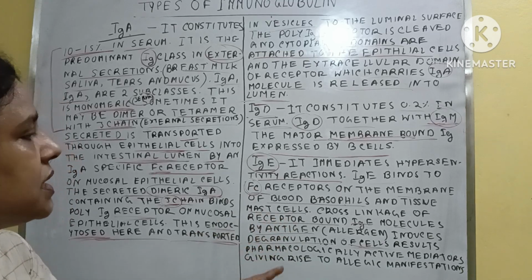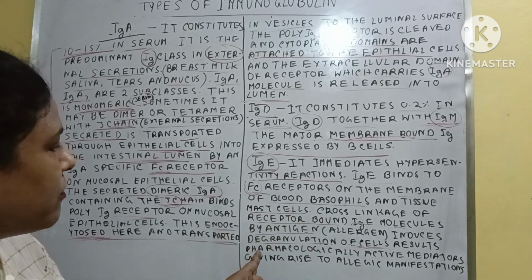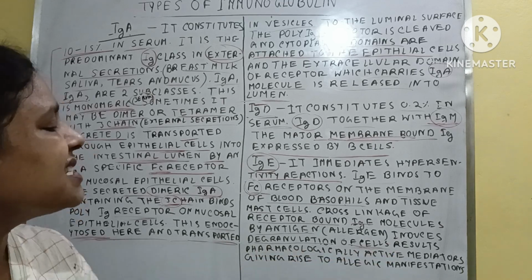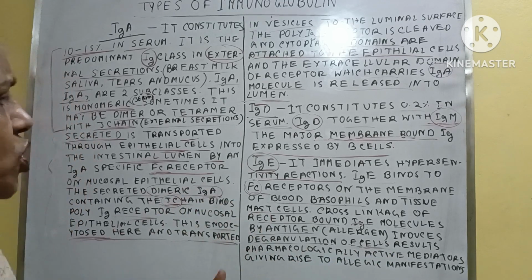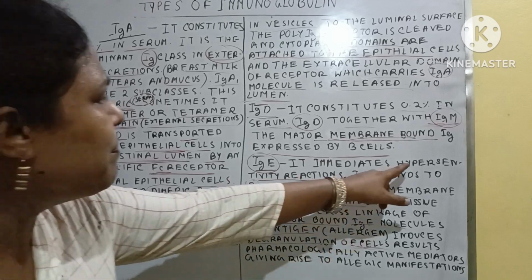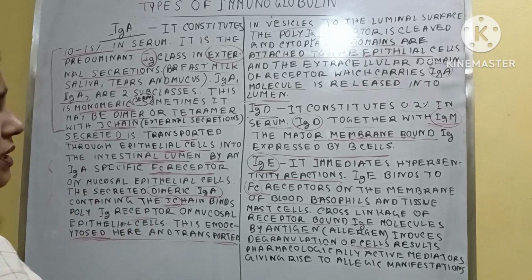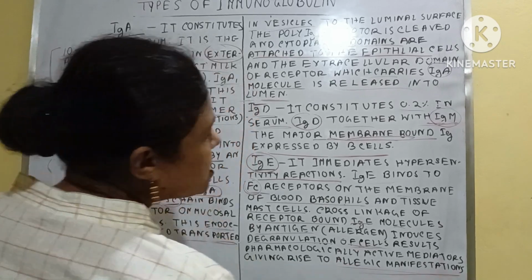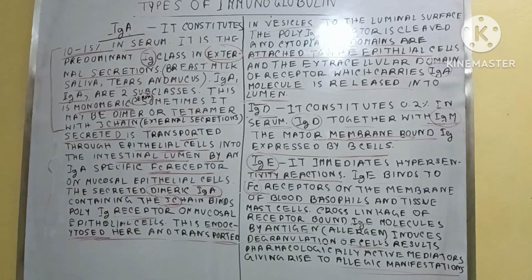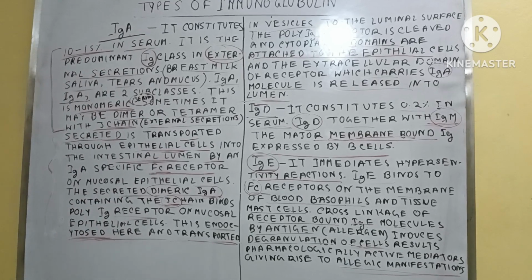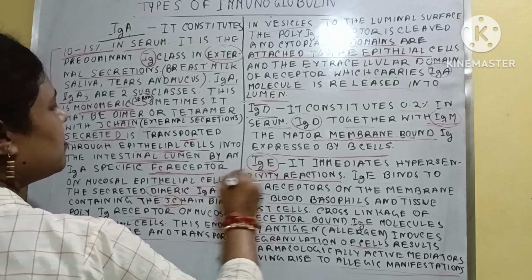As a result, the pharmacologically active mediators are released, and the symptoms of hypersensitive reactions are seen. That is why the allergic manifestation occurs. Allergic manifestation means allergic symptoms are found in the body. So this is the IgE molecule.